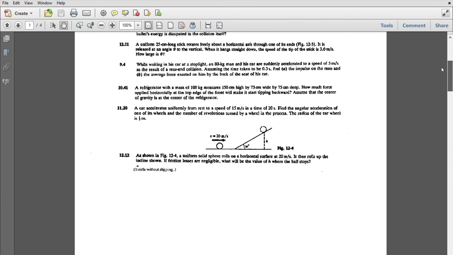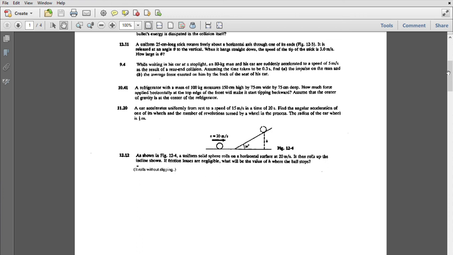Next problem, 1041. A refrigerator with mass 100 kilograms measures 150 by 75 by 75 centimeters. How much force applied horizontally at the top edge of the front will make it start tipping backward? In other words, imagine being at the front of this refrigerator and you push horizontally straight back at the very top.